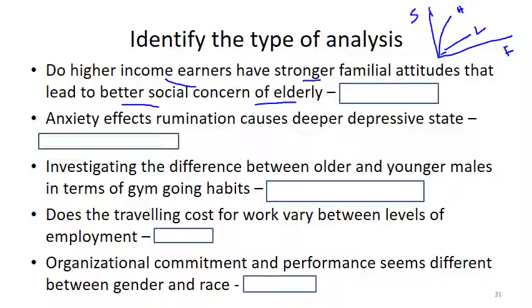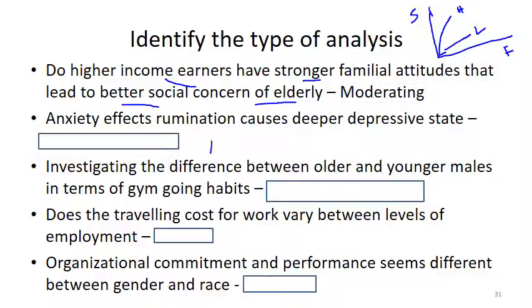So basically what we're trying to say is, does earning higher income have a stronger familial attitude and lead to better social concern? So this is definitely a moderating variable, right?